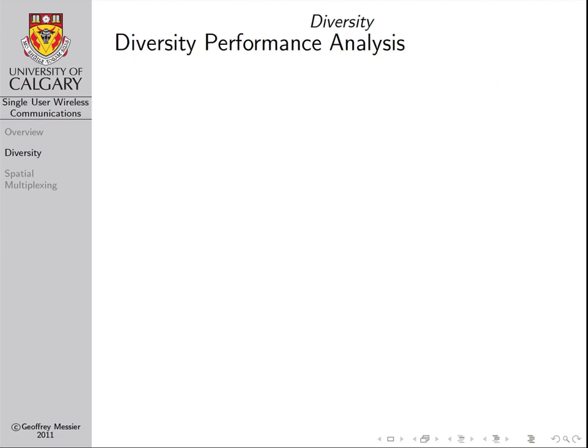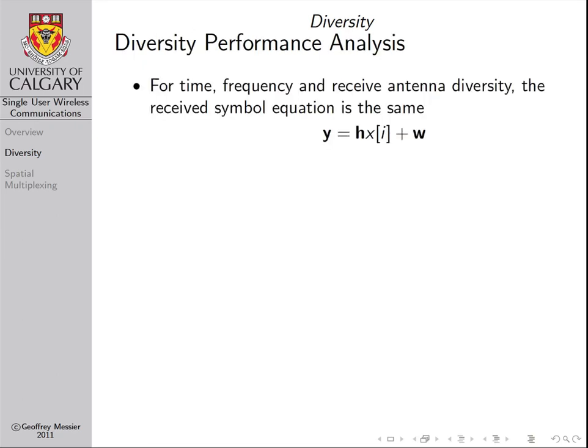So one of the main things that I wanted you to take away from our initial discussion of time, frequency, and space diversity, or receive antenna diversity, is that the received symbol equation is exactly the same for all three cases. And so what I can do now is a diversity analysis for this equation, and it applies equally to all three forms of diversity.